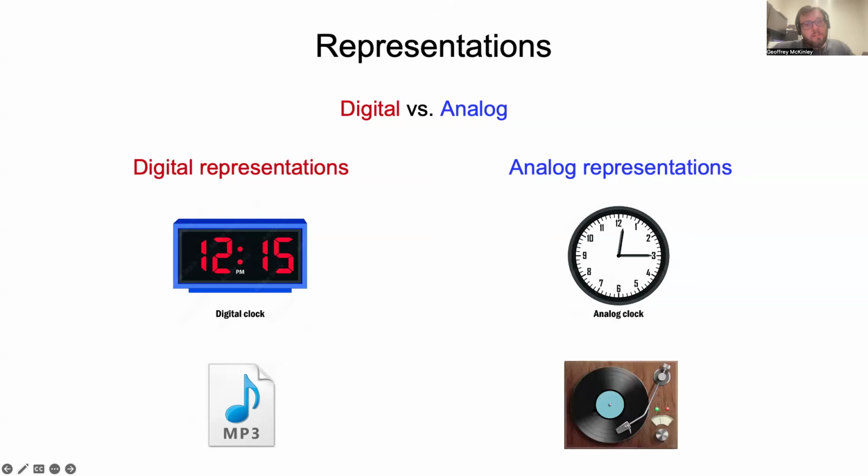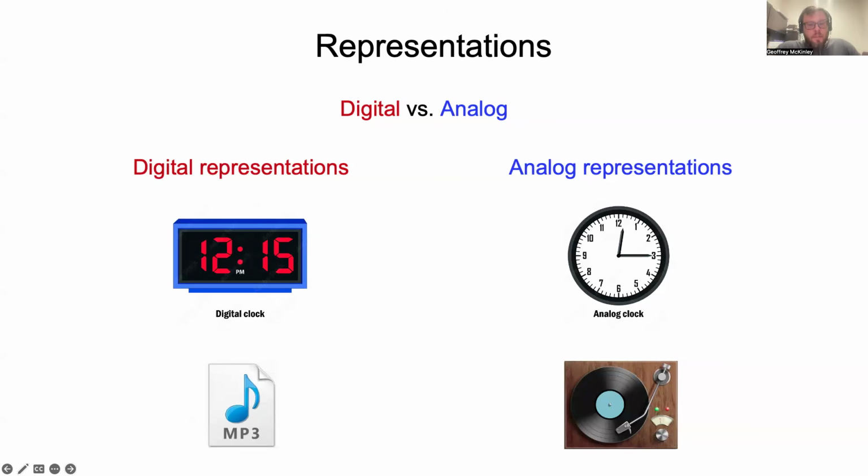And for old school records, vinyl, music is represented based on the ridges of the record. Unlike digital representations, they're much more susceptible to degradation and noise, and the precision of the representation is determined by the quality of the system.